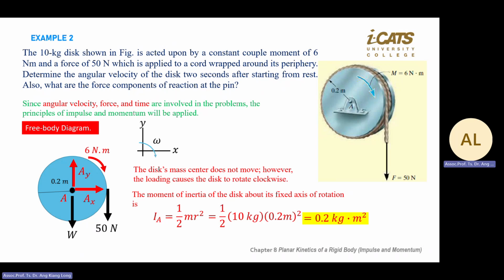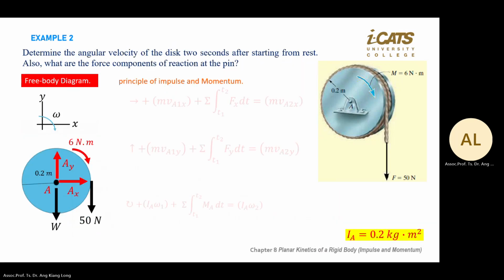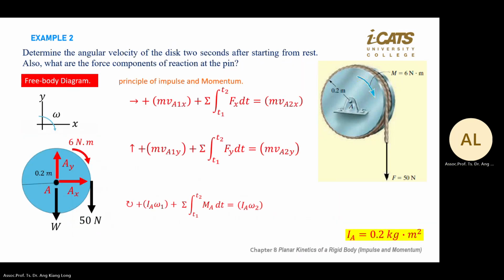Meaning for your test two, if you don't know how to do it, just calculate the I first. Calculate I, then you will see how to do it. Then use these three formulas. Principle of impulse and momentum.